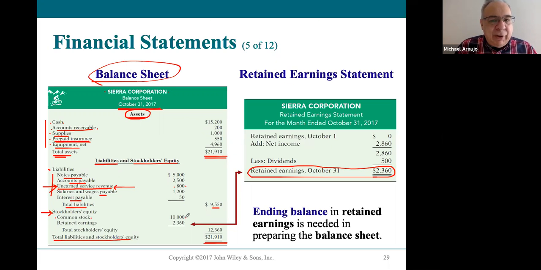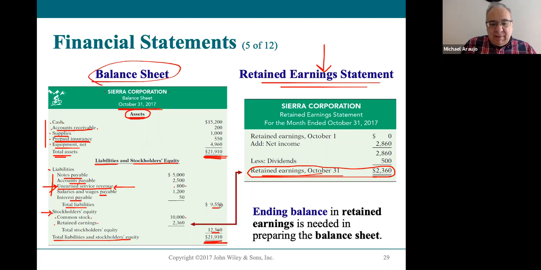So $10,000 worth of common stock represents the shares of ownership. But as you noticed here in the retained earnings statement, they have profits that they want to keep in the company. These are the owner's profits. So retained earnings is an owner's equity account. Okay. And so when you add these two up, you get $21,910.